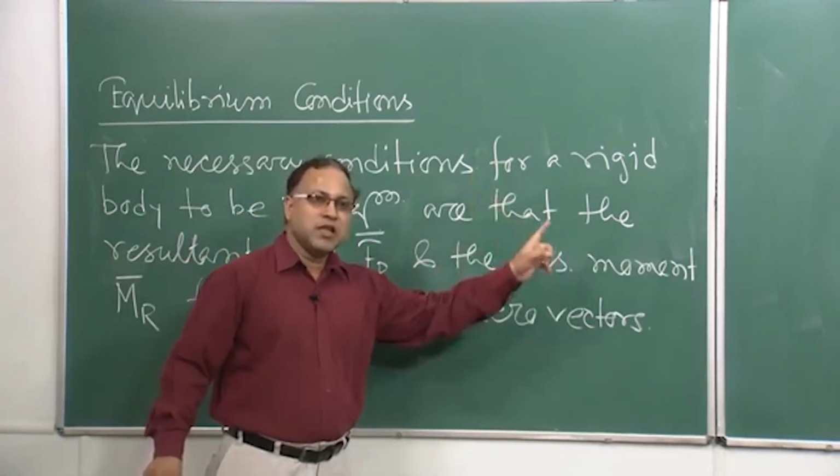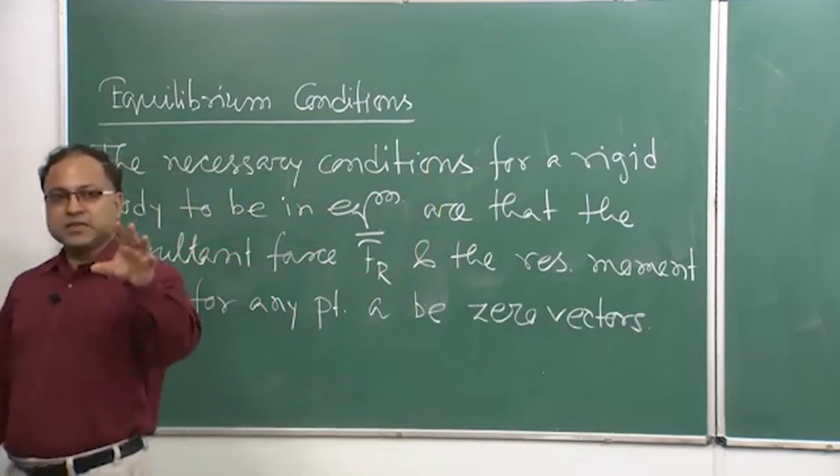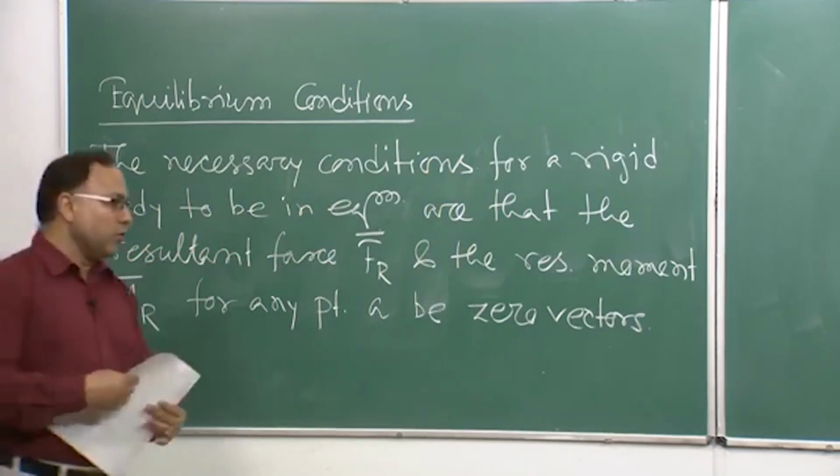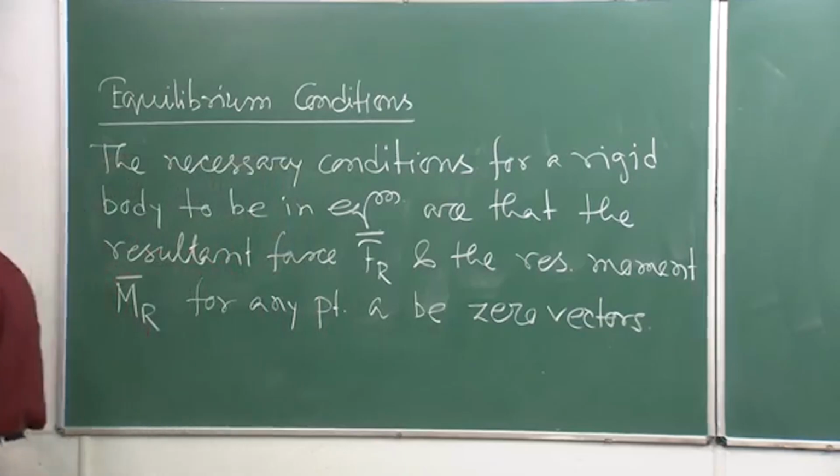So, resultant force and resultant moment must be a 0 vector. Okay. Now, mathematically how we can express that?